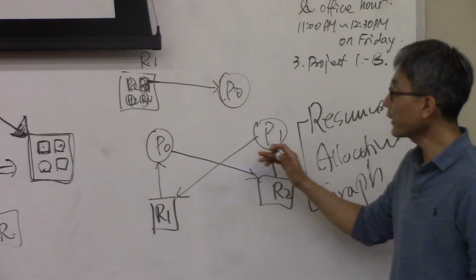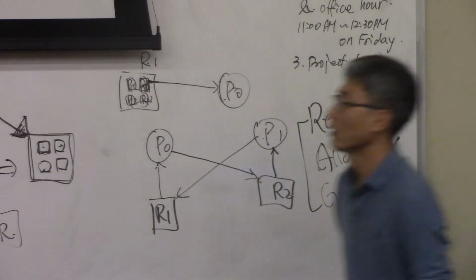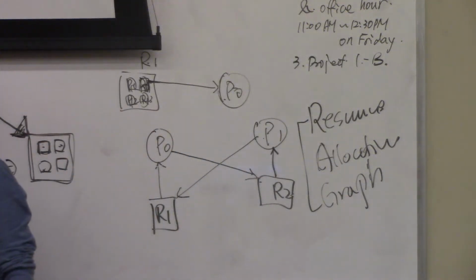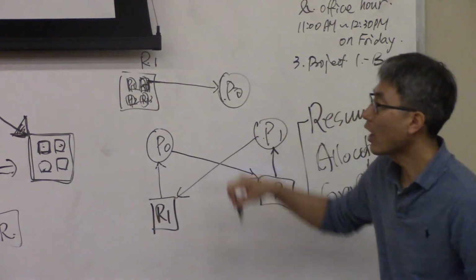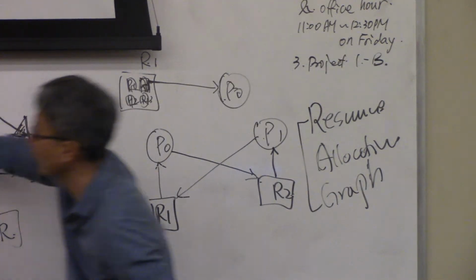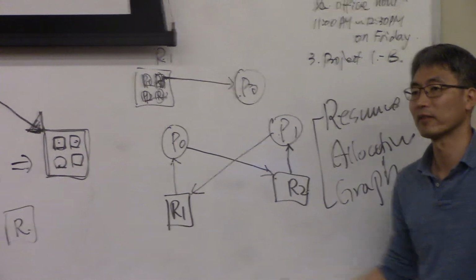Then at that time, the problem is what? Whether this is a hold and wait and circular wait. So how can we identify? How can you find whether this one and this one are satisfied in this graph?